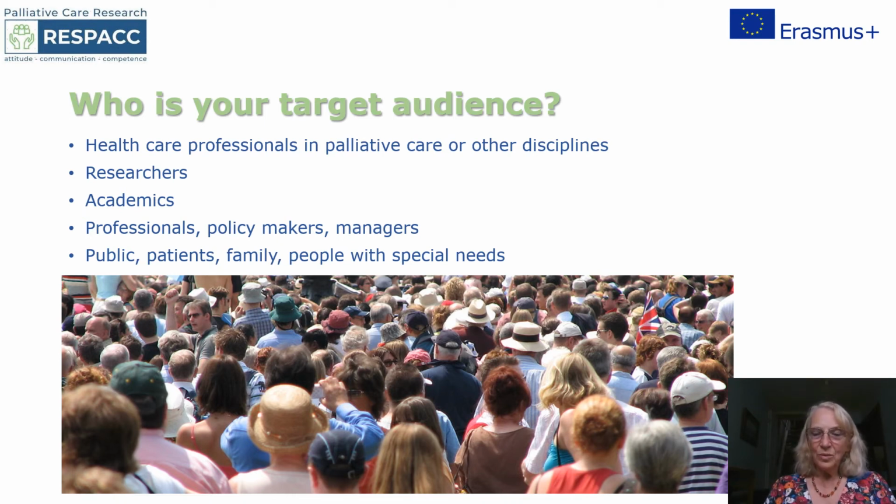They're really important, but they don't have a lot of time. So you really need to think about the implications of your research for policy. And of course, the public, patients, families, maybe people with special needs who find it hard to understand written messages.